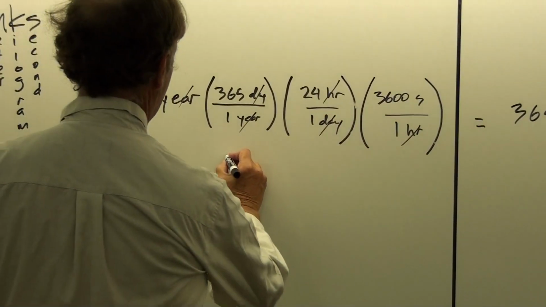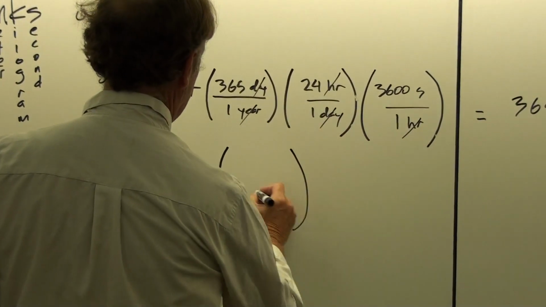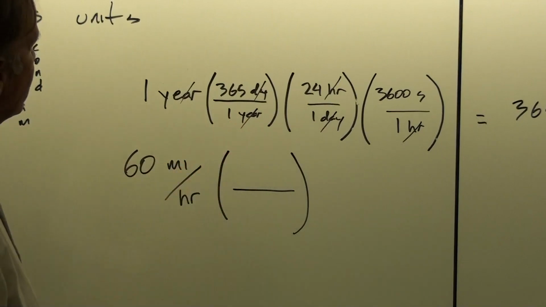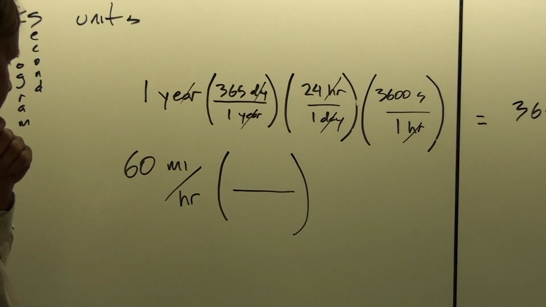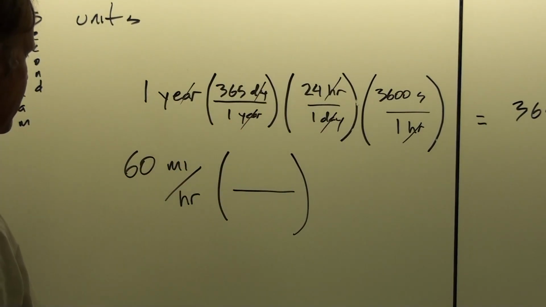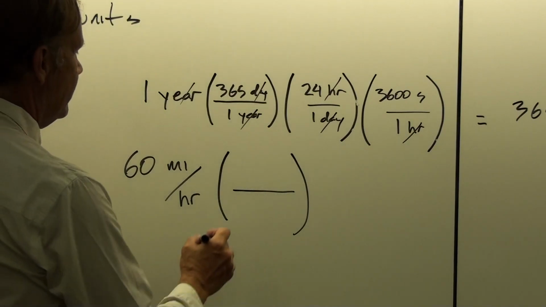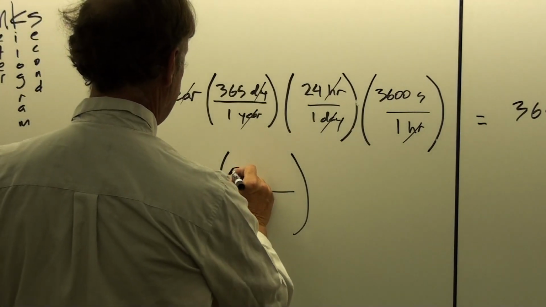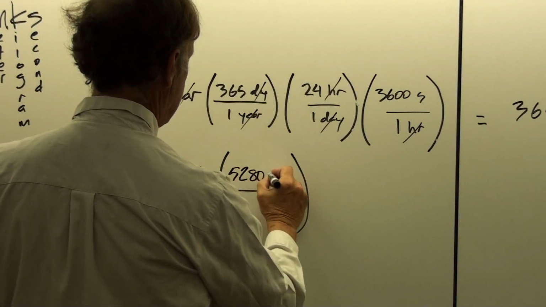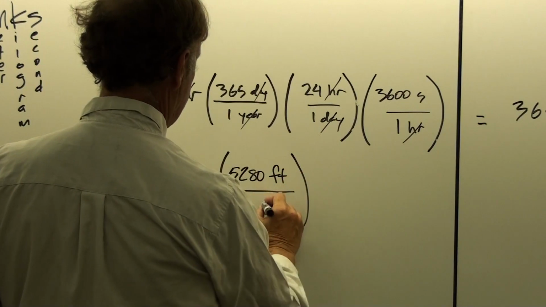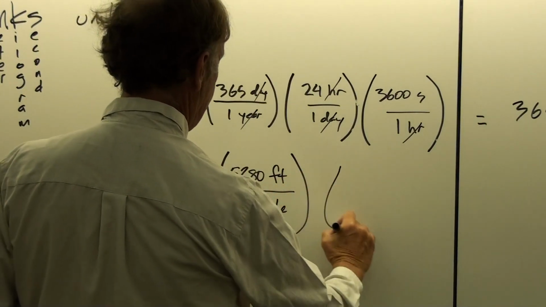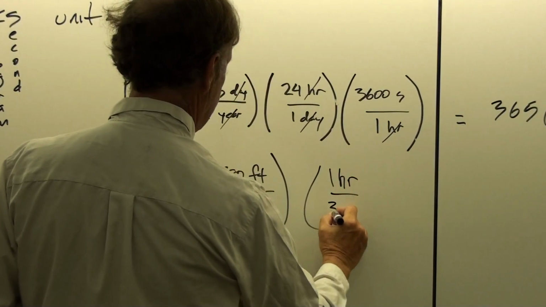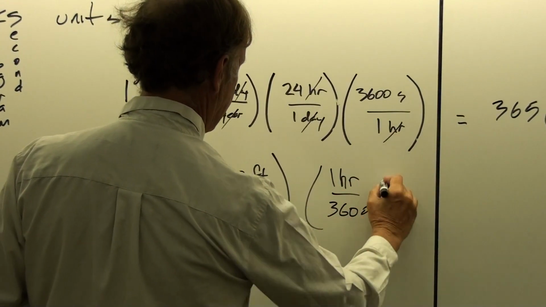So how would we do that here? Well, let's convert miles per hour to feet per second, and then that'll give us a conversion factor that will help us figure out that problem. So here, first let's convert miles to feet. So we can say there's 5,280 feet for every 1 mile, and there's 1 hour for every 3,600 seconds.